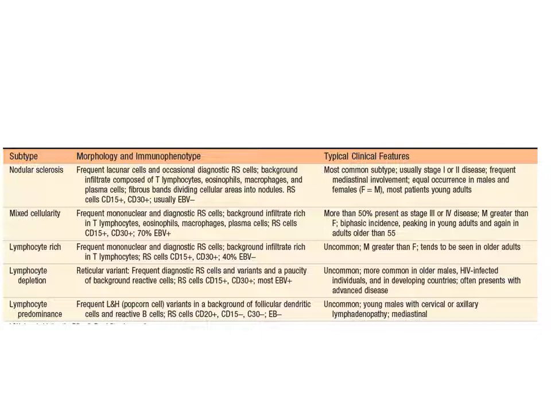Again, Epstein-Barr virus is not seen. So this is a bit different from the other types. This is known as the non-classical type. In all other 95% of the cases, RS cells are CD15 positive, CD30 positive. But here these are CD15, CD30 negative and CD20 positive.